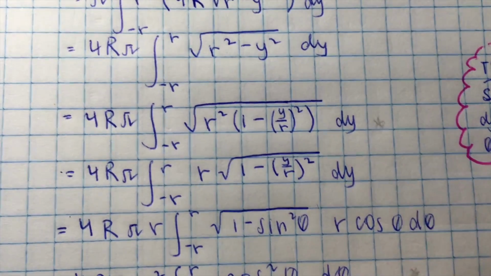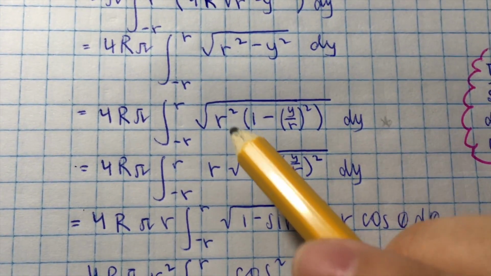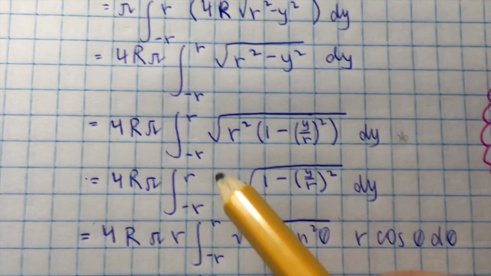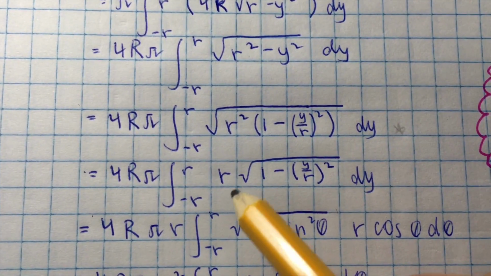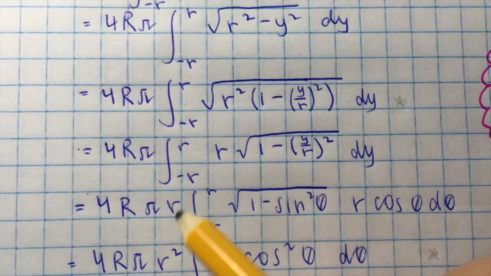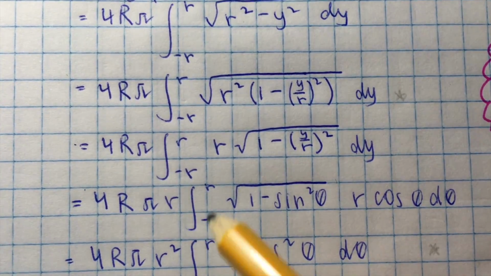So as we have the r squared here, we can take it out of the square root sign. So we're left with 4R pi r integral from negative r to r.